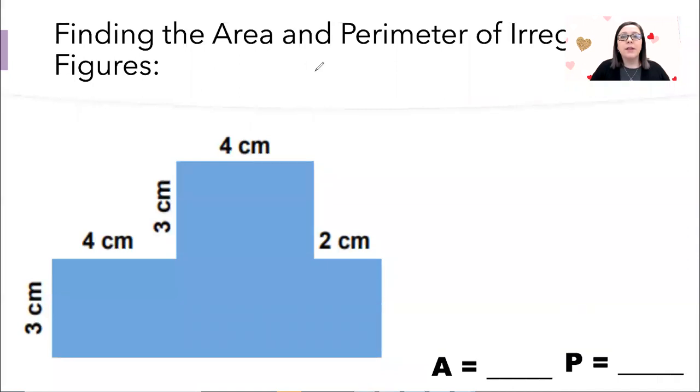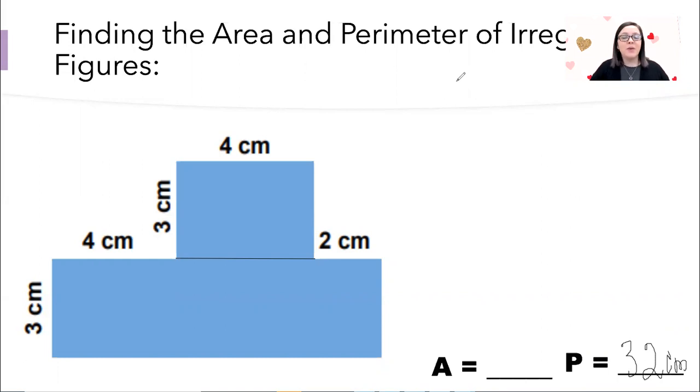All right, now I want to go back here and divide this rectangle here for our area. Okay, so remember we said that when we find the area, we multiply length times width, correct?